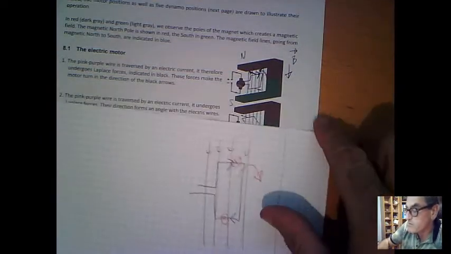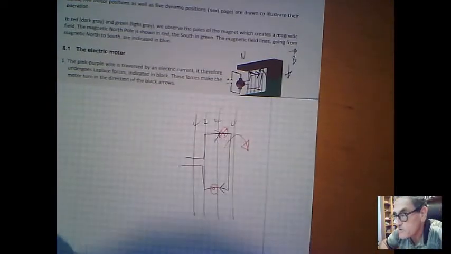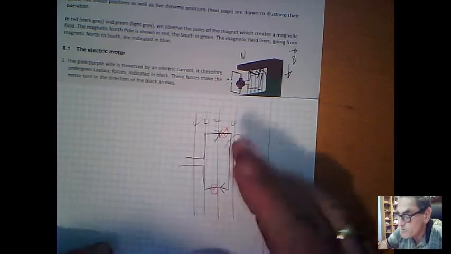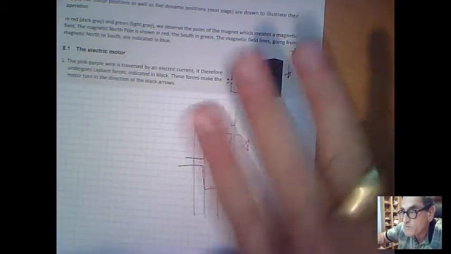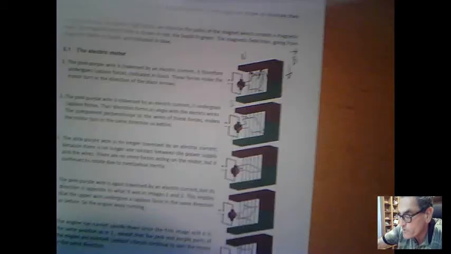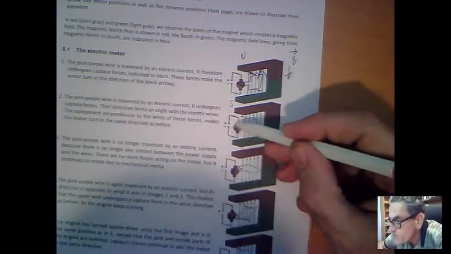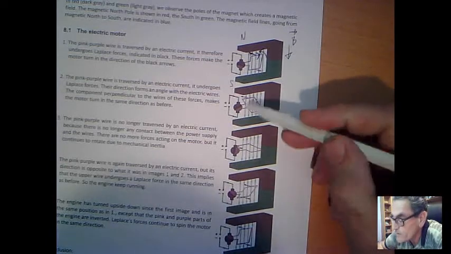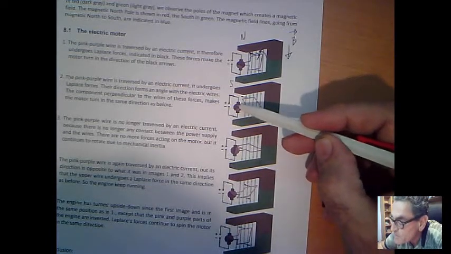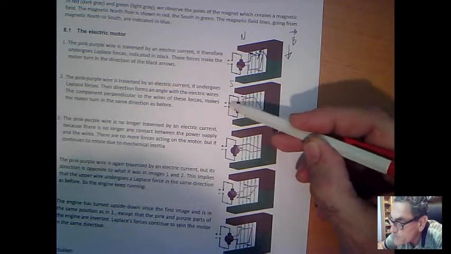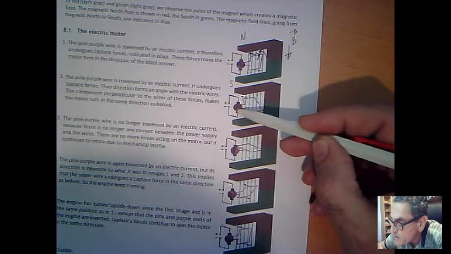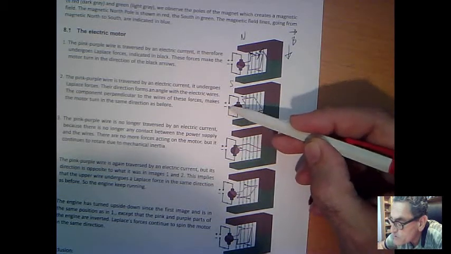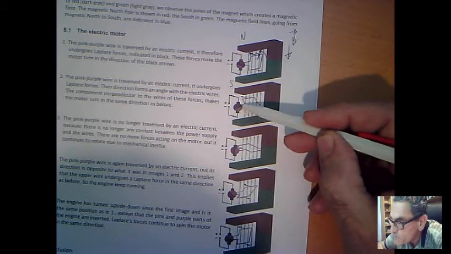But now the problem is that if you do it like this and you don't change the direction of the current, it's going to turn until it's in the flat position, and that's it. It's not going to go further. So here we have a system which distributes the current to the wire. You see that this thing has one part up here, which is connected to the plus, and one part down here, which is connected to the minus, and between the two there is no contact.